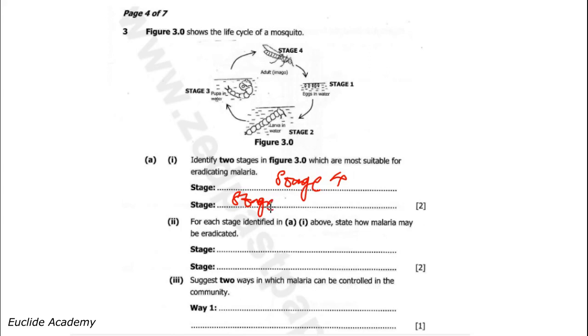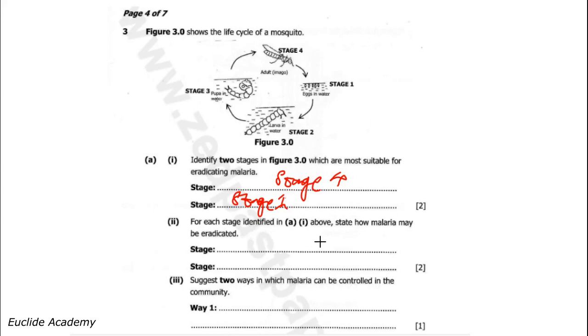So I'll go for stage number 4 and stage number 1. The pupa and the larva are kind of difficult to clear out, and there are several studies showing that the several stages in the larva itself, and the pupa itself, can be really difficult to deal with. So I'll go with stage number 1 and stage number 4.